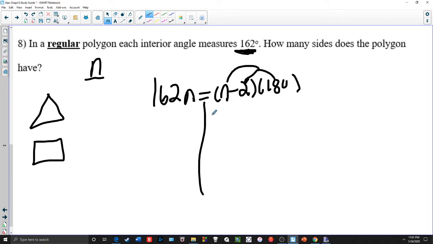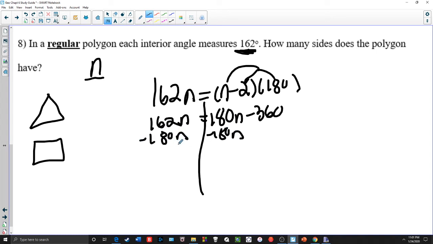You get 180n minus 360 is equal to 162n. Subtract 180n from both sides. You get negative 18n is equal to negative 360. Divide by negative 18, and we get n is equal to 20.